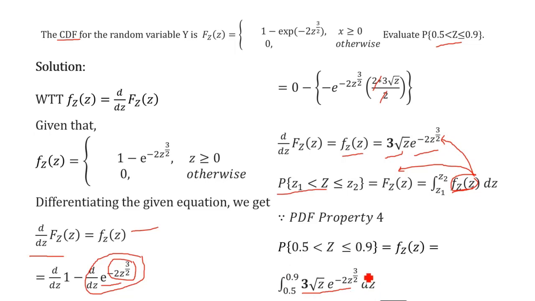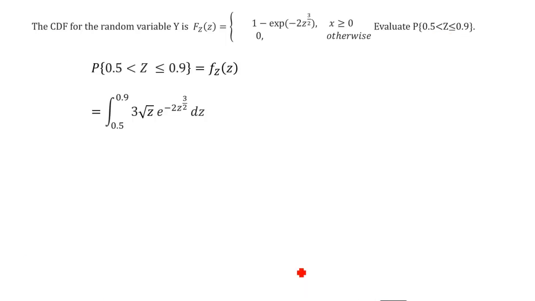Okay, so it cannot be solved very easily. For that reason, we will go for the substitution method. In the substitution method, this complete term, 2 into z to the power 3 by 2, let us replace it by x. If that is the case, these two limits will change.